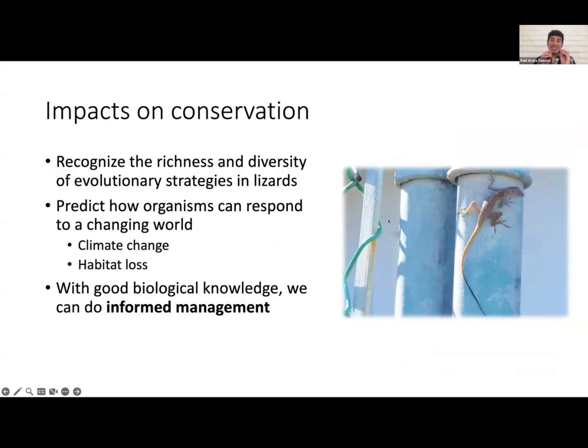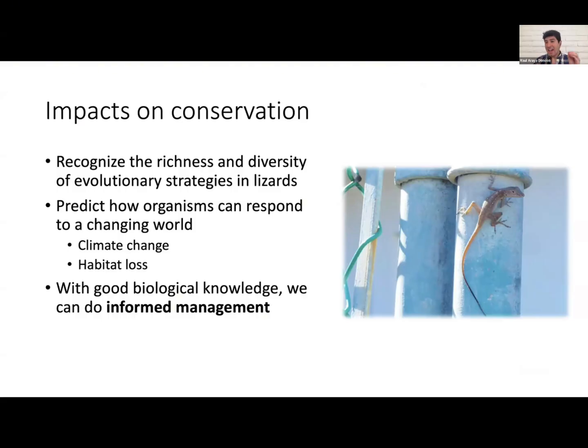So how does this impact conservation? We live in a changing world, and you can see this photo of a lizard living in an urban environment, so it's adapting to novel conditions. One thing is that this kind of study lets us recognize the richness and diversity of evolutionary strategies that we have in lizards.